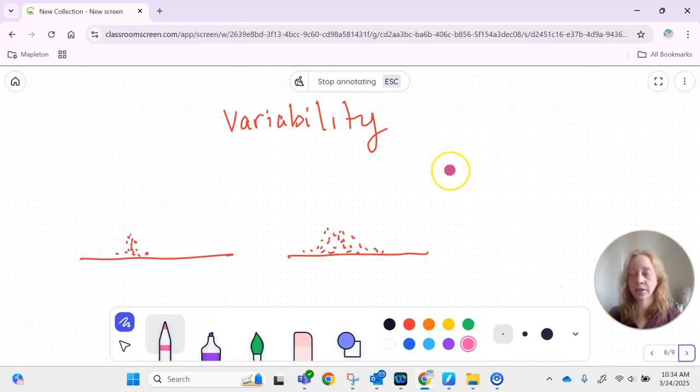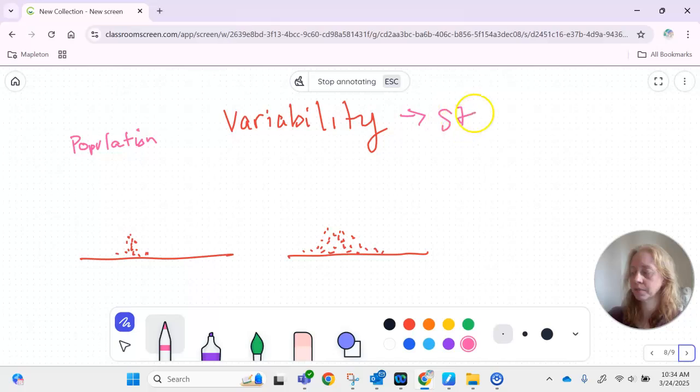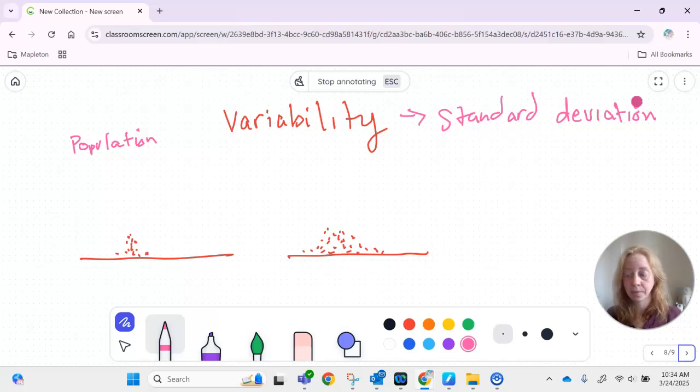And let's talk about our third category, which is variability. Now, for our population variability, for both, we're going to use a measure called standard deviation. Okay, and that's just how far away from the mean the data is.